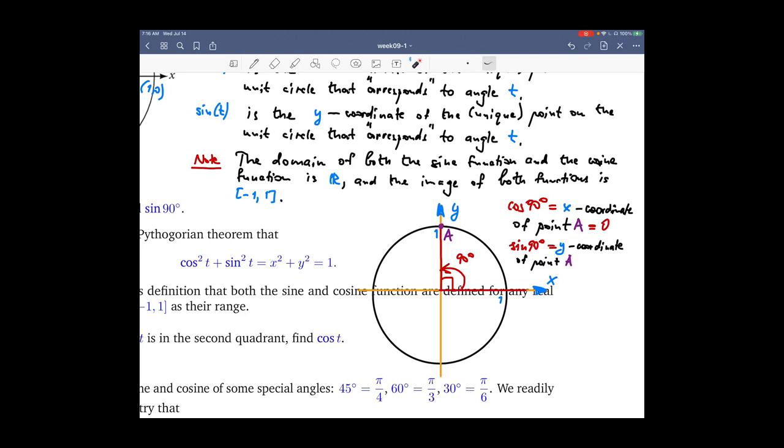Point A is the intersection of the unit circle and the y-axis. The coordinates of this point are 0 and 1. So sine of 90 degrees is 1.